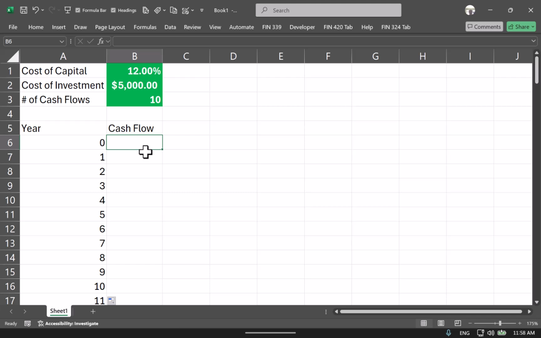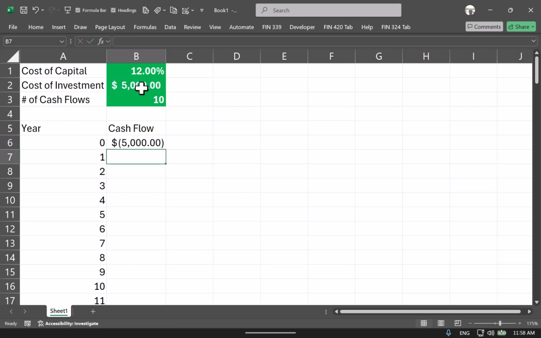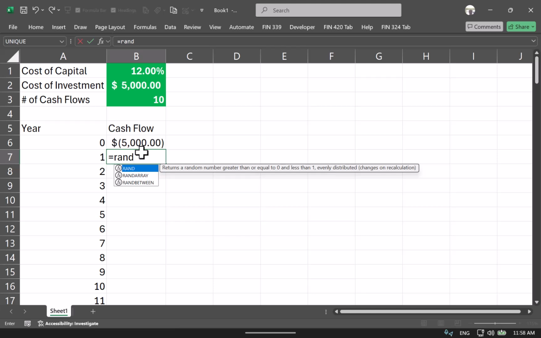The year zero cash flow is just the negative of the cash flows, and I'm just going to put some random numbers.